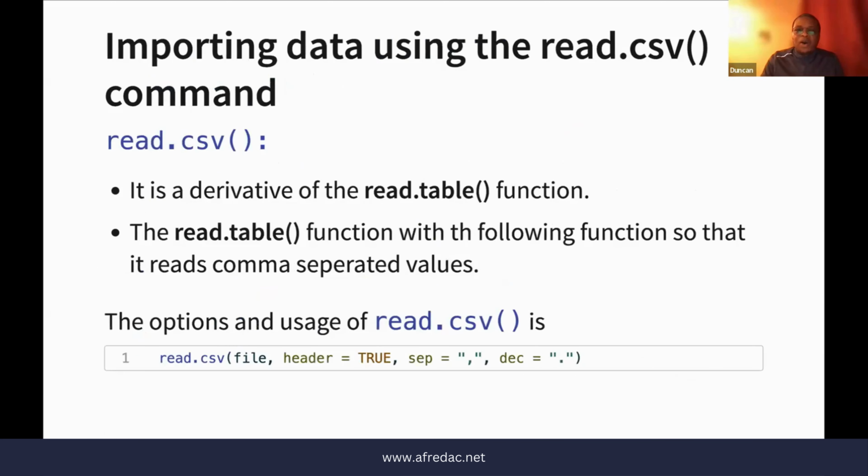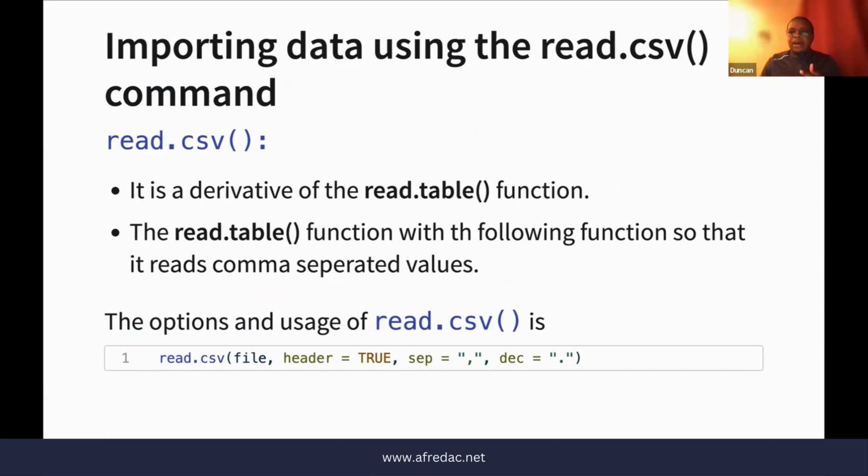So all these, read.csv, read.csv2, read.delim, read.delim2, are just small tweaks in the arguments, and they have been made so that they cater for all permutations of the data that one may have. Somebody may have data which is tab separated, and there's an option for you to read that data.